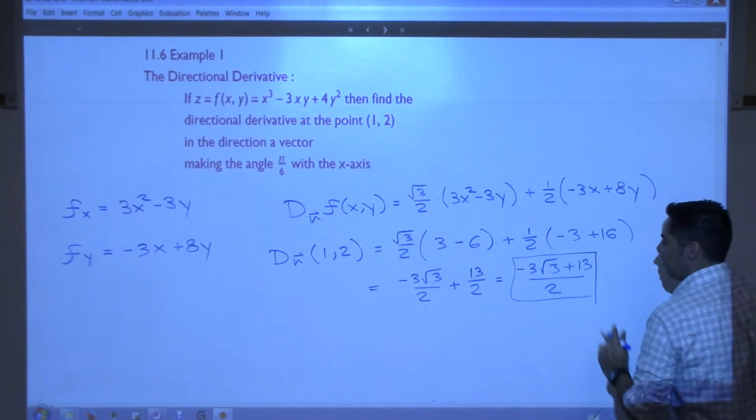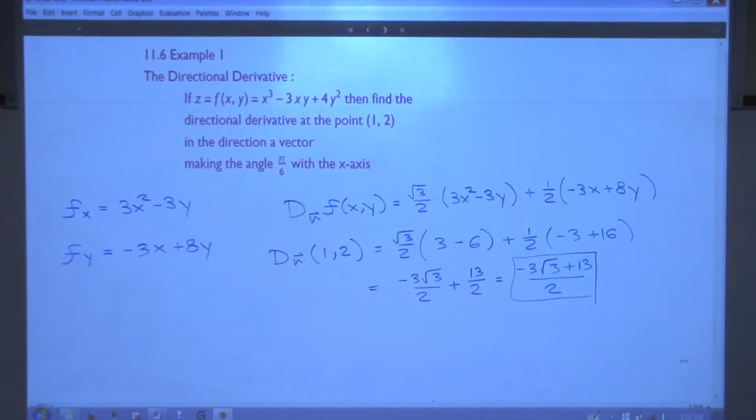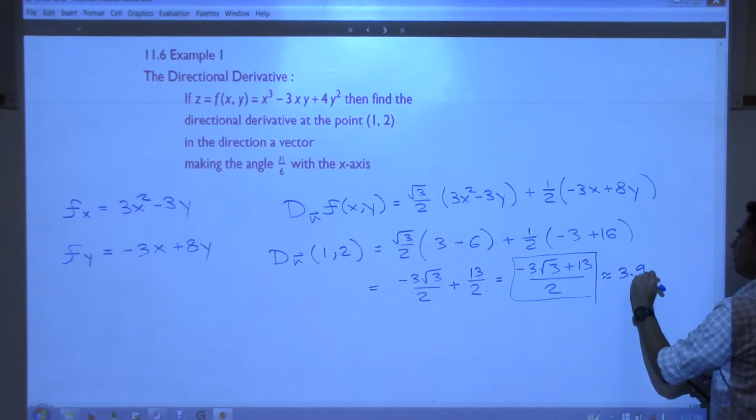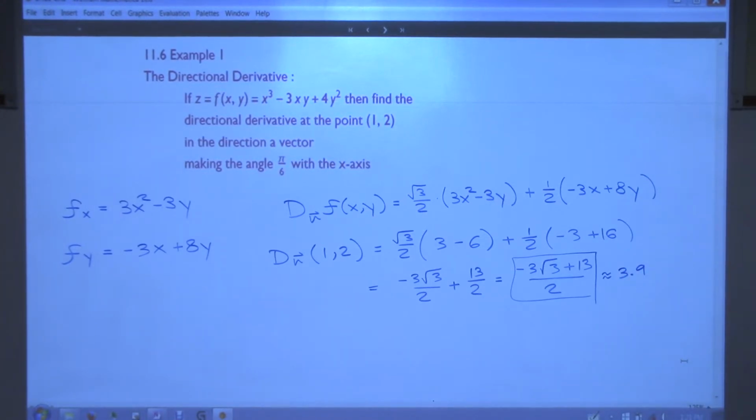And I'll get my calculator out just to see. I'm curious, like, is that a positive or a negative number? I guess we'd have to check, huh? Is it, this whole thing's 3.9, approximately? I'm trusting your calculator skills there. Can I get a second? Any 1 second?